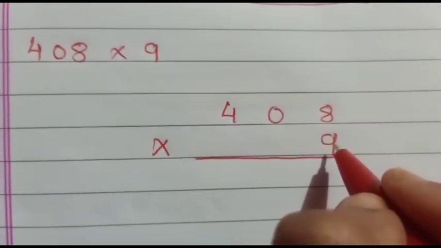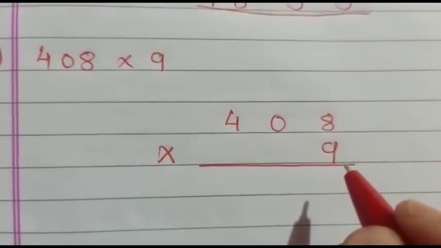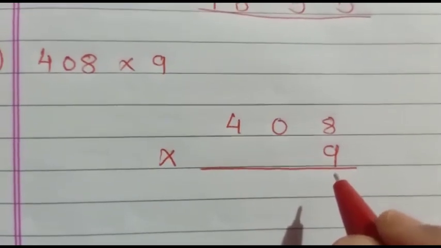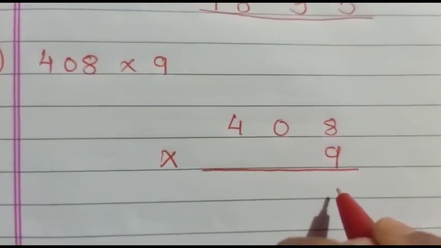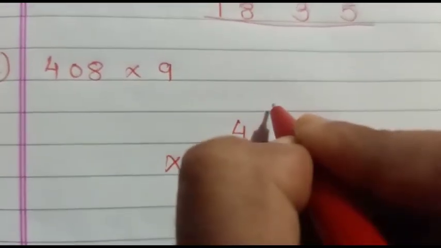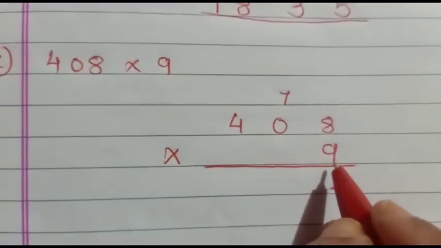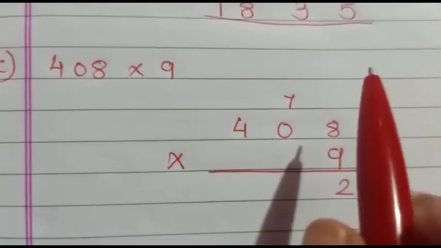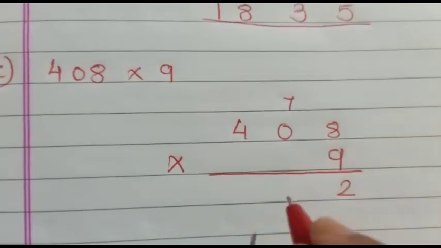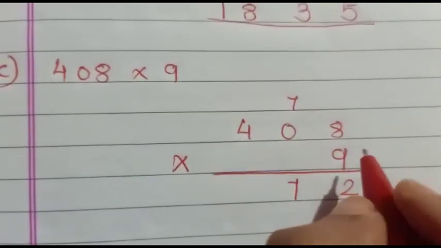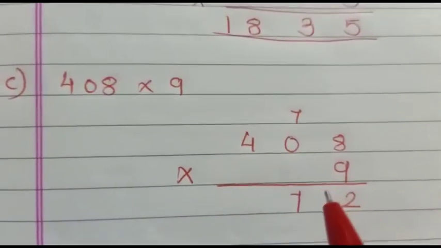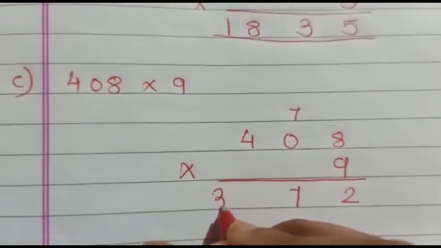Now let us do the multiplication. 9 8s are 72. So 2 you will write, 7 you will carry. 9 zeros are 0. 0 plus 7 is 7. 9 fours are 36.